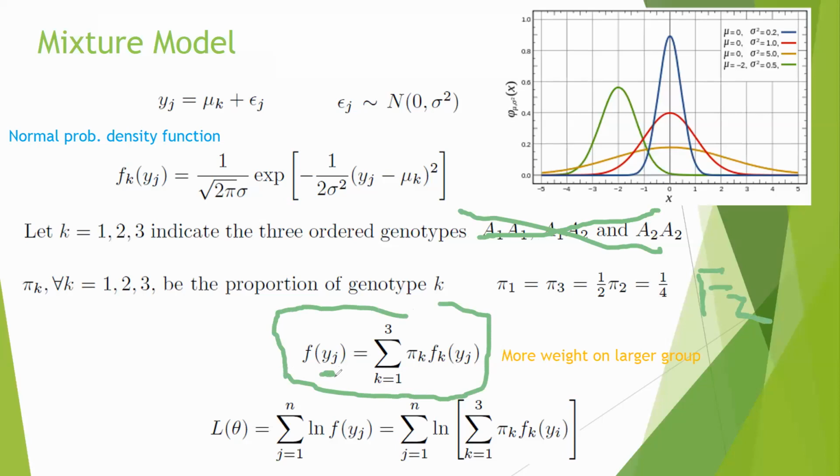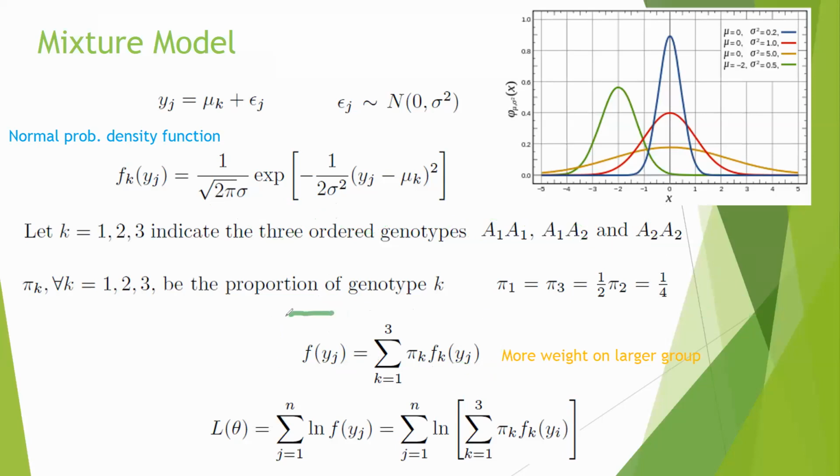Since we do not know, we have to evaluate this individual using three different density functions, right? So the probability of this individual actually is a mixture of three normal density functions. Does that make sense too?